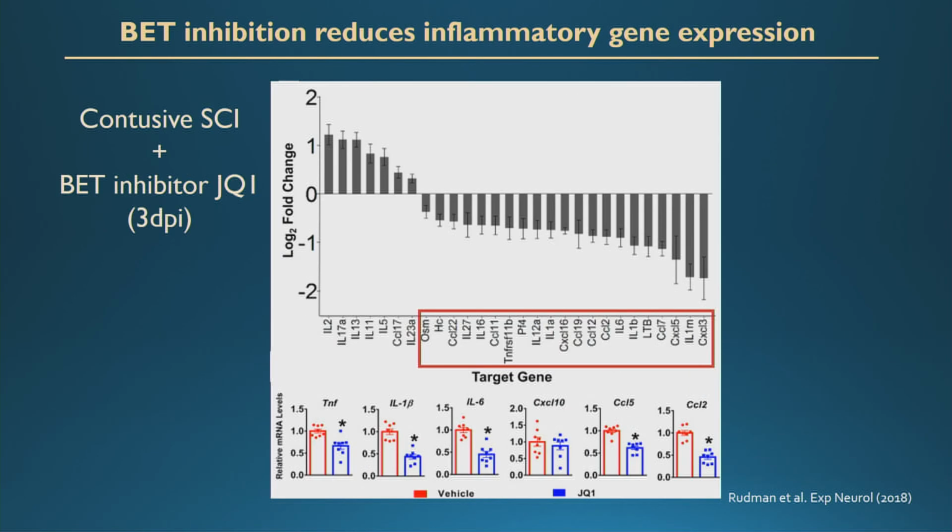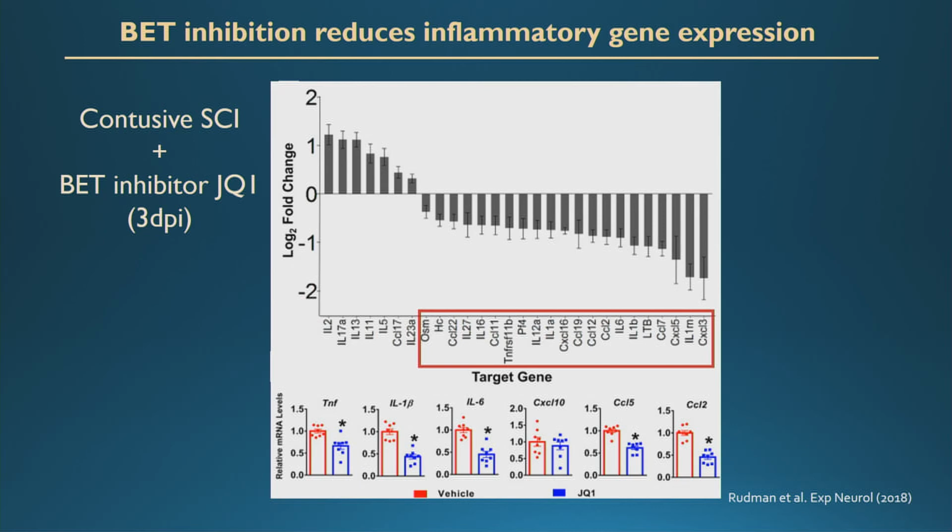So Michelle tested this first with a tool compound, one of the first ones available, in a contusive injury in mice. And she saw a reduction in pro-inflammatory mediators at 3 days after injury.